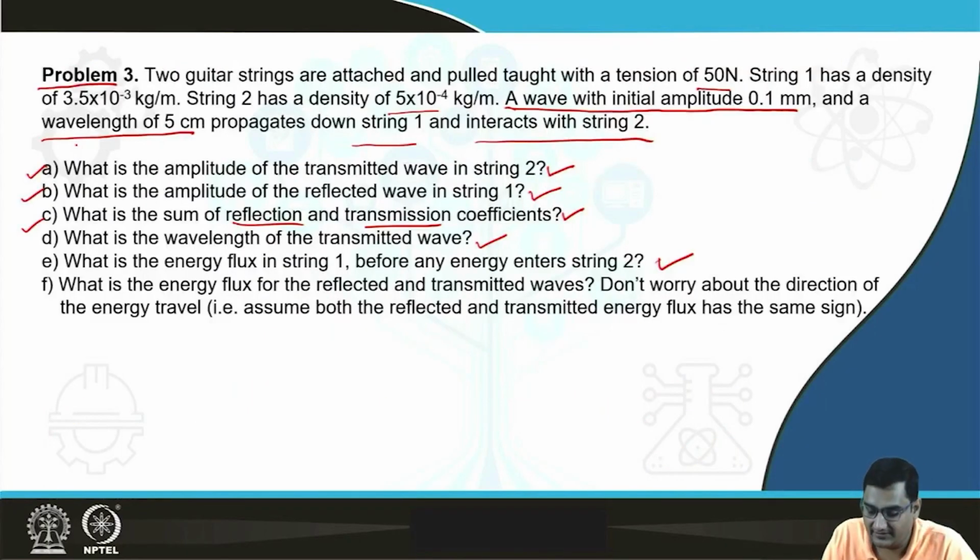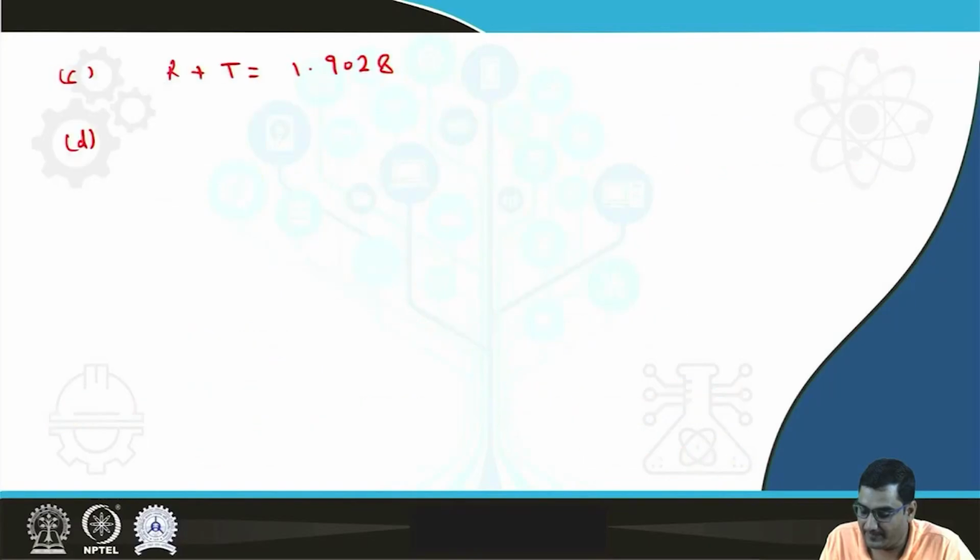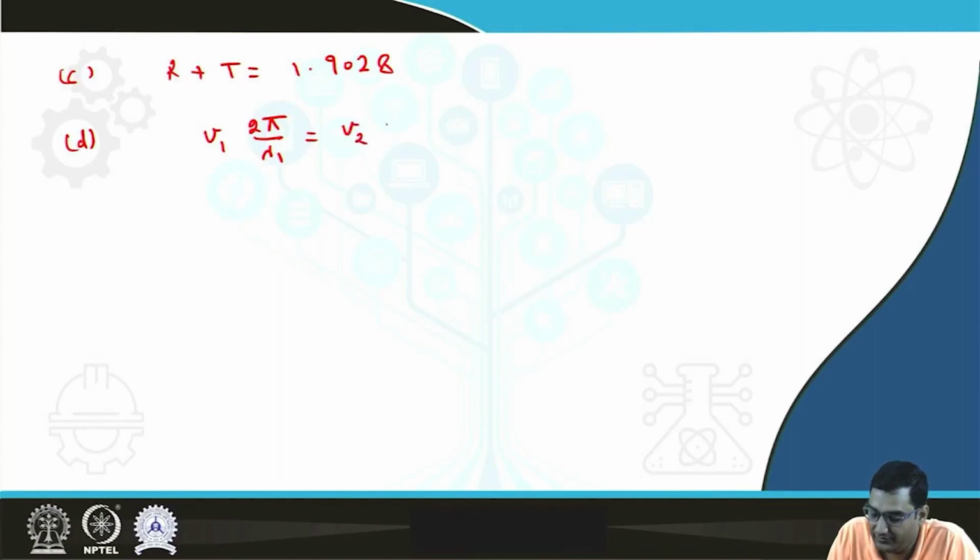Now let's talk about question number D. Question number D says, what is the wavelength of the transmitted wave? For this, we will solve it like V1 into 2 pi by lambda 1 is equal to V2 into 2 pi by lambda 2.